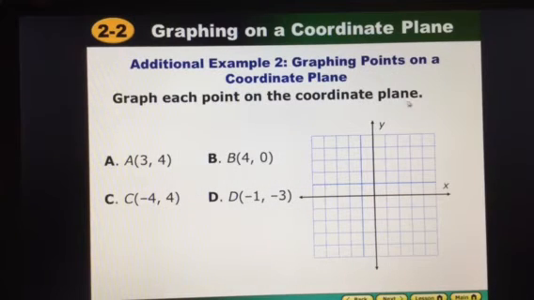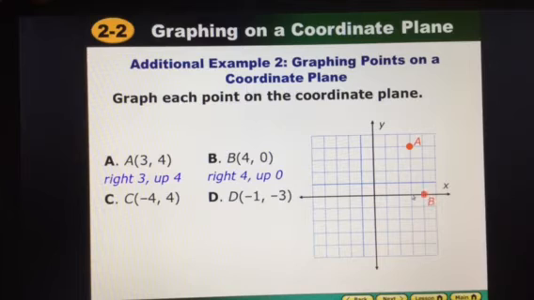So now we're graphing the points on a coordinate plane. If you want to graph those and then come back and check your work, you can pause this video. Point A is 3 to the right, 4 up. So that would be right here, point A. For point B, we're going 4 to the right, and we're not moving up at all because we go up 0.